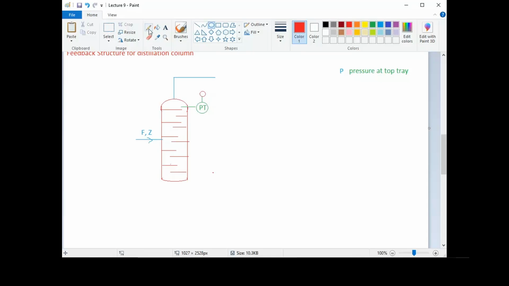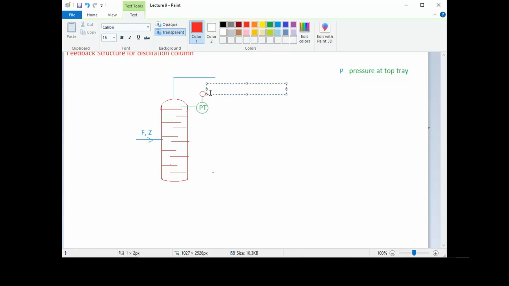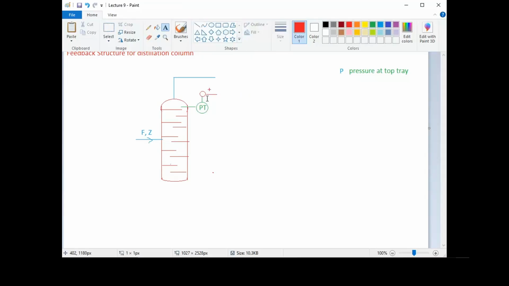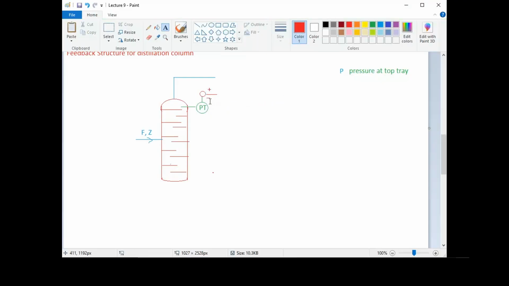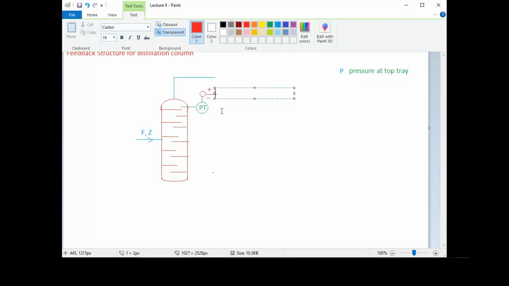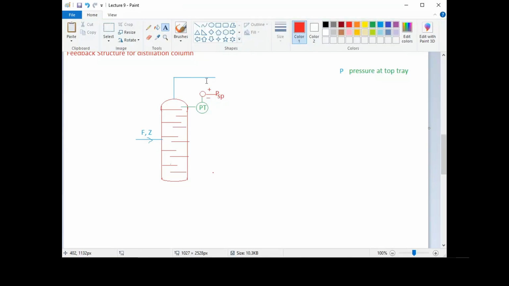So here we have plus, here we have minus. So plus minus, and this is the pressure set point. This is the set point variable for pressure, and then the error will be given to the controller, and we will have pressure controller here.